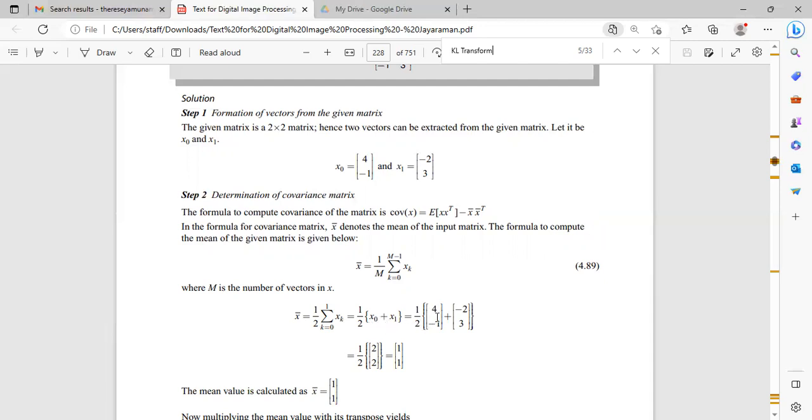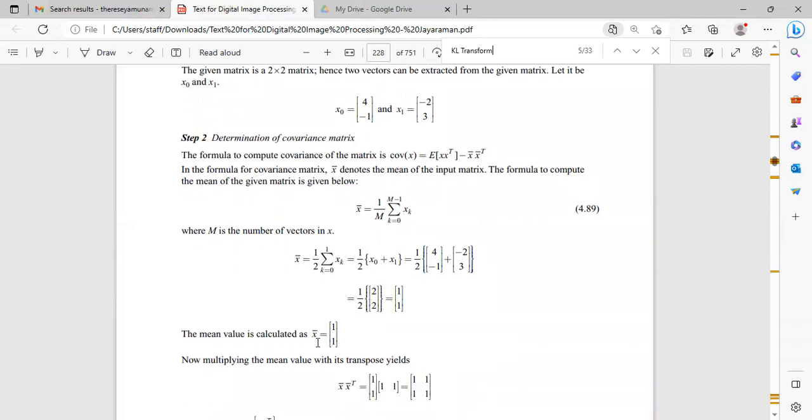So this will be 1 by 2 into [4, -1] which is the value for X0, plus [-2, 3] which is the value for X1. So this will be equal to 1 by 2 into [2, 2], and this will be equal to [1, 1]. The mean value is calculated as X bar equal to [1, 1].